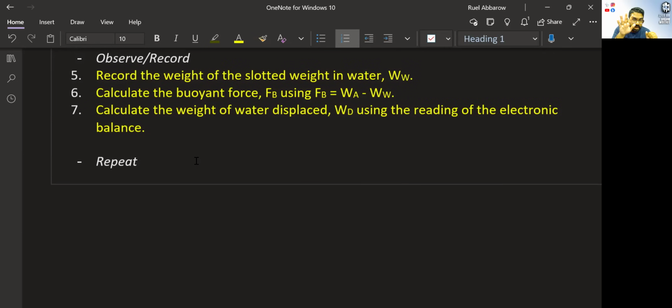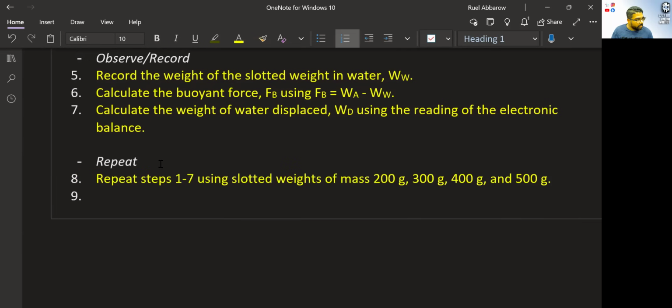Okay, so we started with 100, so you're going to repeat 4 more times. The way that we write this is repeat steps, what to what depends on what you have. So repeat steps 1 to 7. It depends on how many steps you have. Follow your own steps. So repeat steps 1 to 7 using slotted weights of mass 200, 300, 400, 500, another 4, altogether 5.